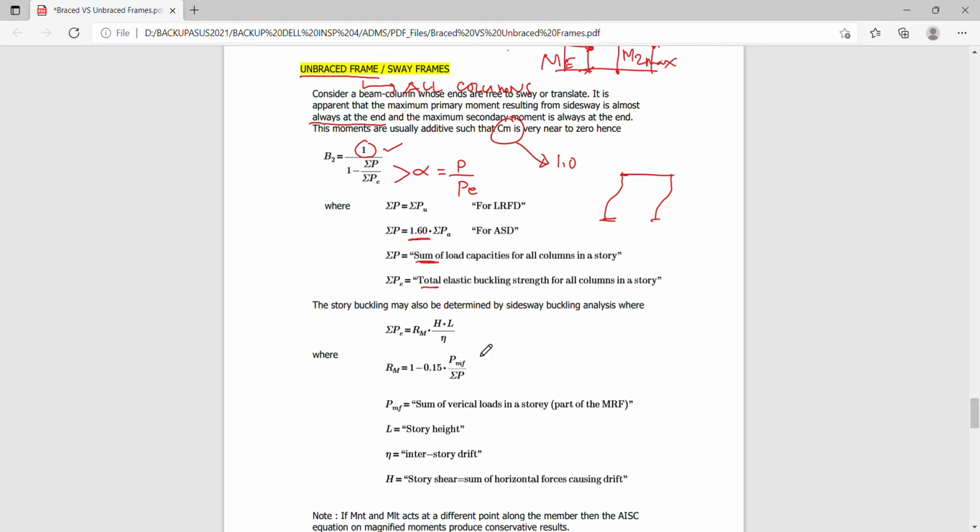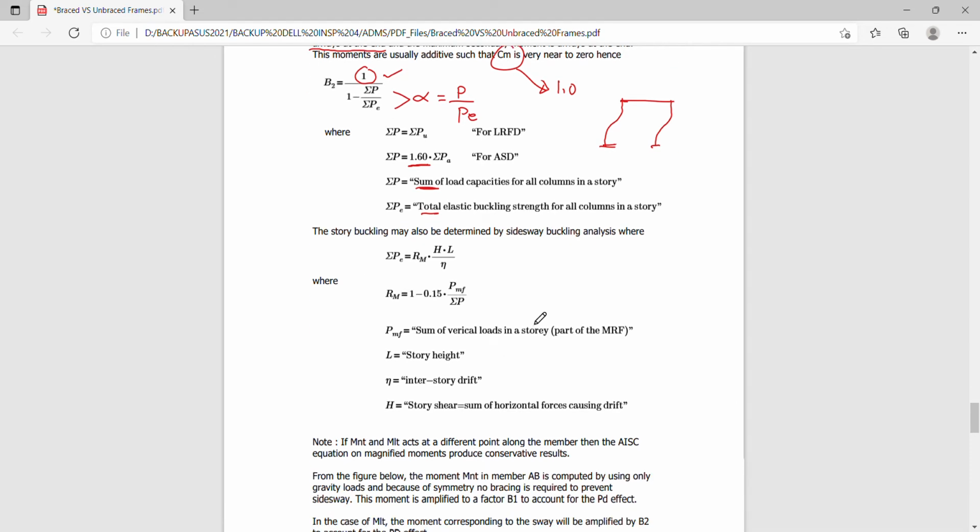And the summation of the Euler buckling strength can actually be determined by another formula on the basis of side sway buckling analysis, and this is the other way of determining summation of Pe, where this is equivalent to RM times HL over the Greek letter delta H. Okay, so I forget the Greek letter, but it seems that this is the equivalent.